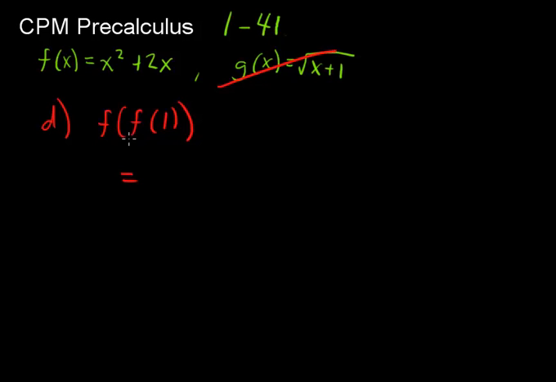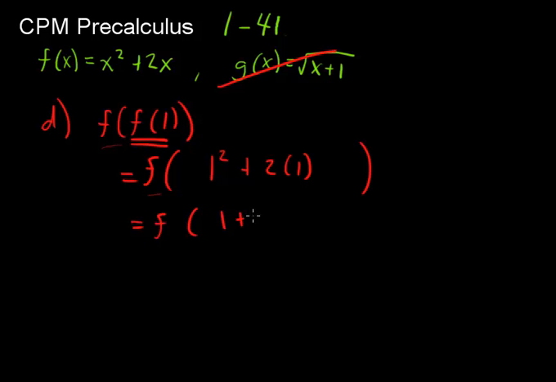So it might sound confusing or it looks weird because there's 2 f's, but we do what's inside first. So on the outside we have the f, we keep it there. On the inside we have f of 1, so we have 1 squared plus 2 times 1. Simplify that, we have 1 plus 2. Simplify that, we have just f of 3.